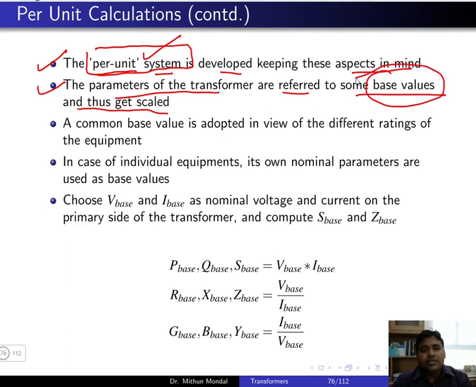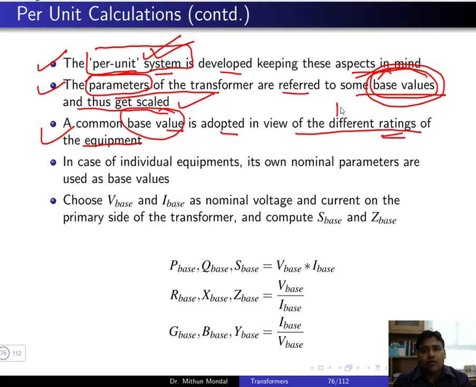So when we try to obtain the normalization of the parameter under the per unit system, then we require some base values that will get scaled. A common base value is adopted in view of the different ratings of the equipment. So the base value that will be adopted will be common for different rating of the equipment.